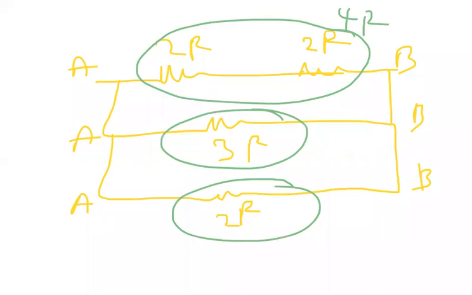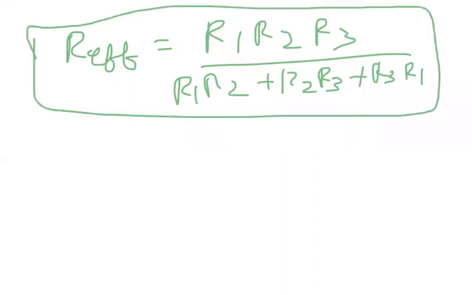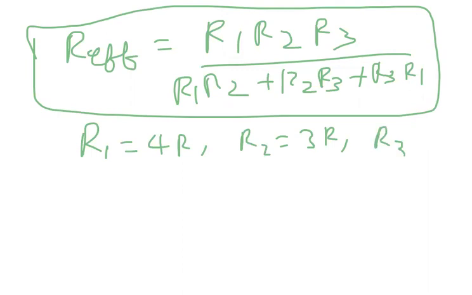When three resistances are in parallel, 2R, 3R, 4R, our formula is R effective equals R1 R2 R3 by R1 R2 plus R2 R3 plus R3 R1. This is the formula for three non-identical resistances in parallel. Here R1 is 4R, R2 is 3R, and R3 is 2R.